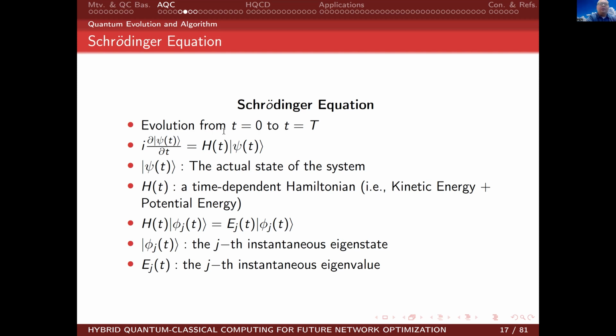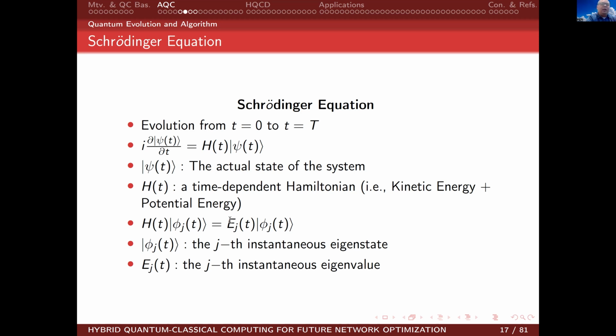And here we need more notation. If you imagine a physical system, we can use a matrix to describe the system. So the system has eigenstates and eigenvalues. Here we use phi j to represent the jth instantaneous eigenstate, and use E j to represent the jth eigenvalue.